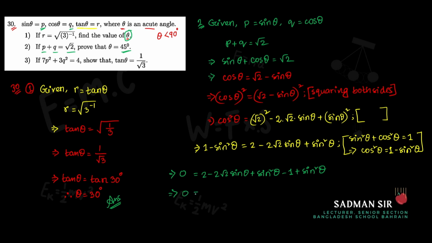And this is 0 equal to sin square plus sin square. Let us write it first, 2 sin square theta. And then minus 2 root 2 sin theta. And you can notice here we have 2 and this is minus 1. So 2 minus 1 will give us plus 1.